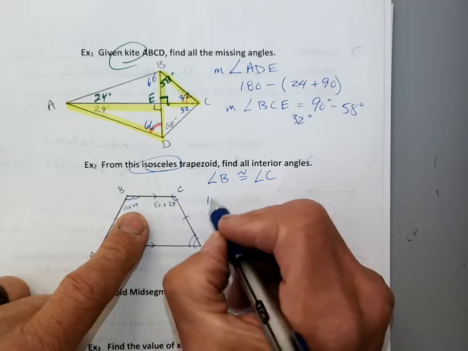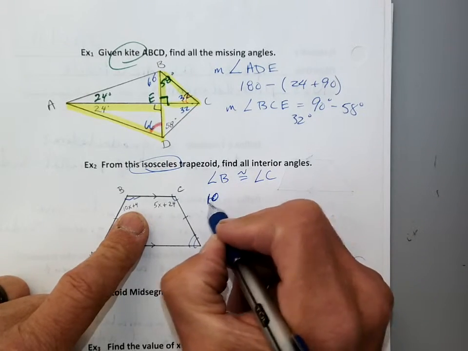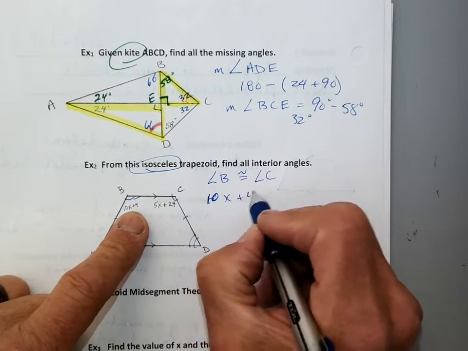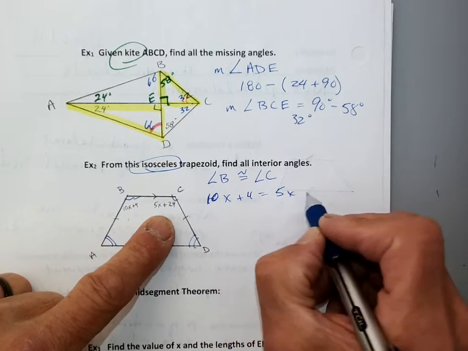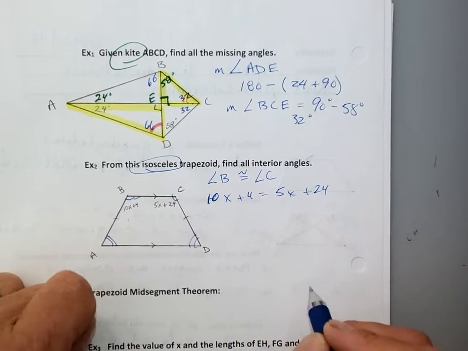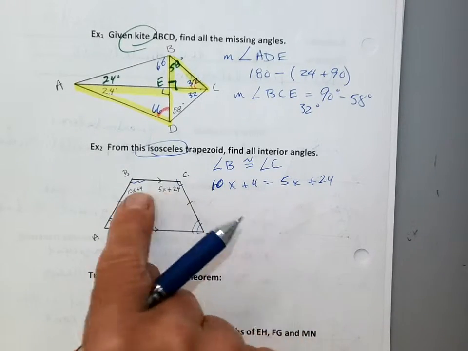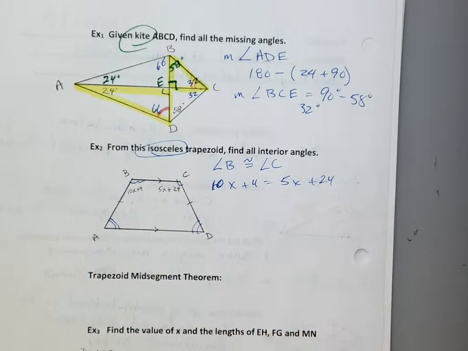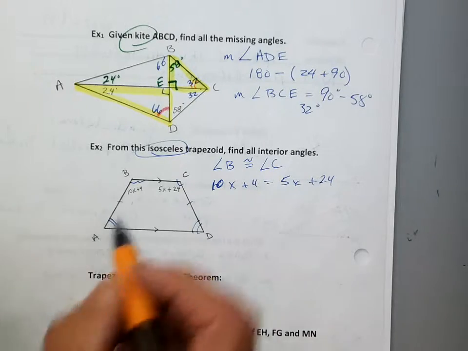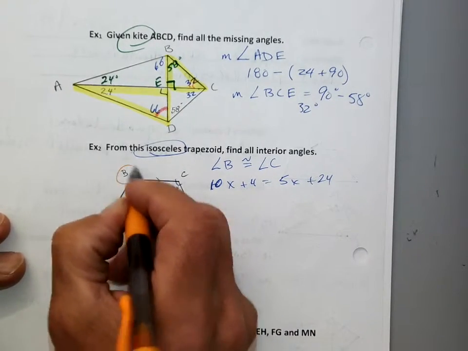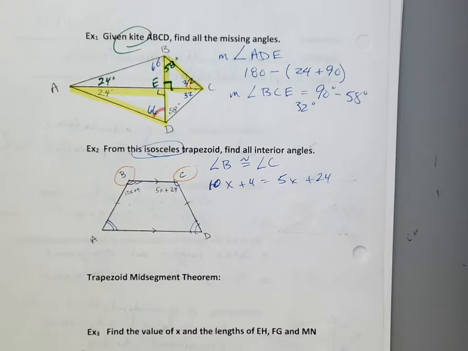So I'm going to go 10x plus 4 is equal to 5x plus 24. And I'm going to solve. Okay, got this angle equal to this angle, angle B. Angle B is equal to angle C. So we're going to solve.